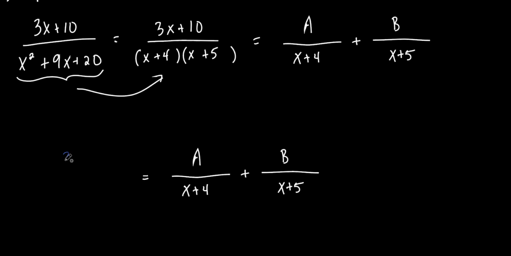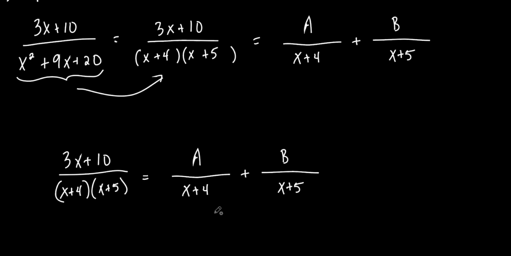So really I could have taken all this stuff right here, but I'm just putting it down here so I have a little bit more room to write. So it's 3x plus 10 over x plus 4 times x plus 5. So that's really not a step. All I did was just bring that stuff down here.